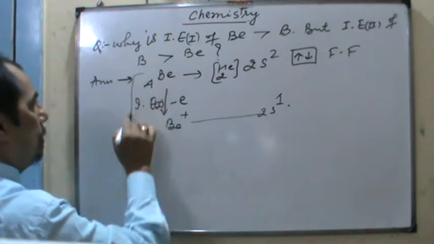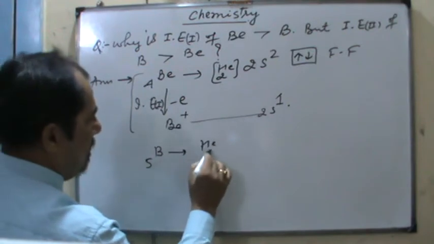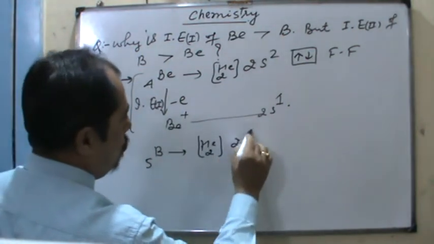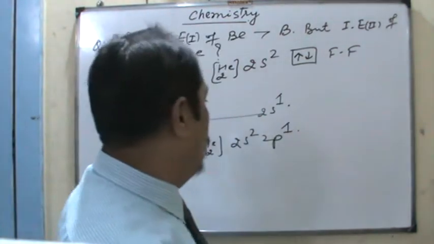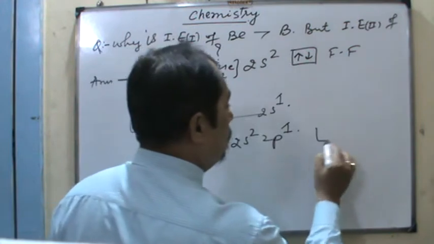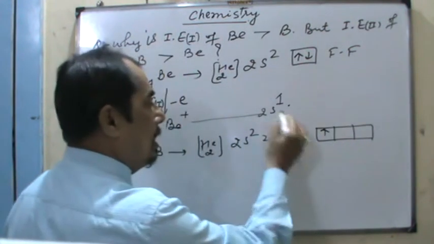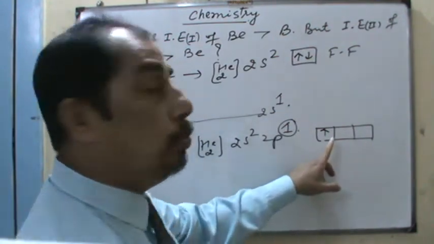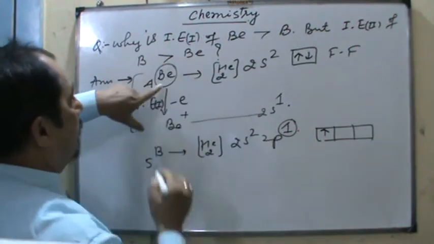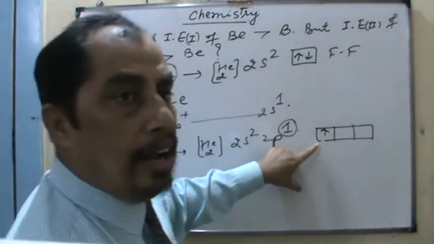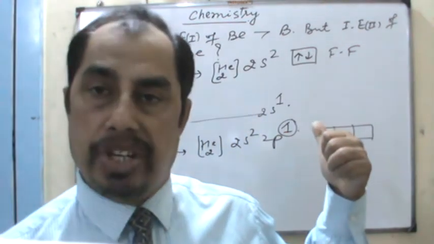But compare boron, atomic number 5: it is the helium core, 2s2 and 2p1. See students, the p subshell has 3 orbitals and it has only 1 electron. Therefore, it is easy to lose 1 electron from boron as compared to beryllium, because it is neither half-filled nor fully filled, it is partially filled.